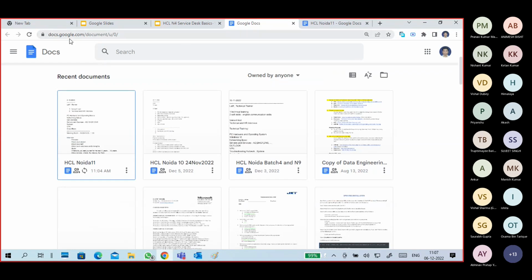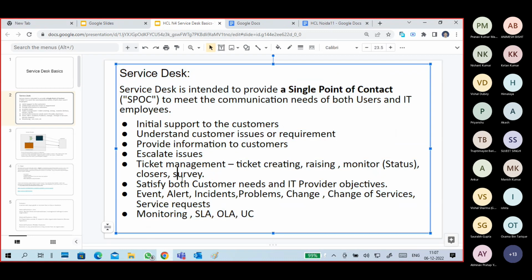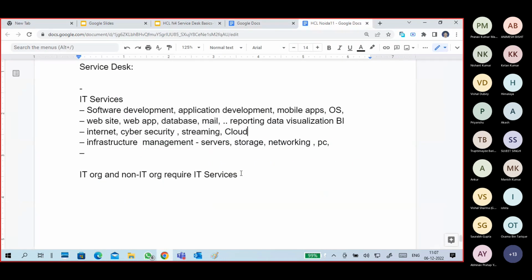This is also docs.google.com. Mail.google.com. These are all also cloud services. So different types of services you can get from cloud.